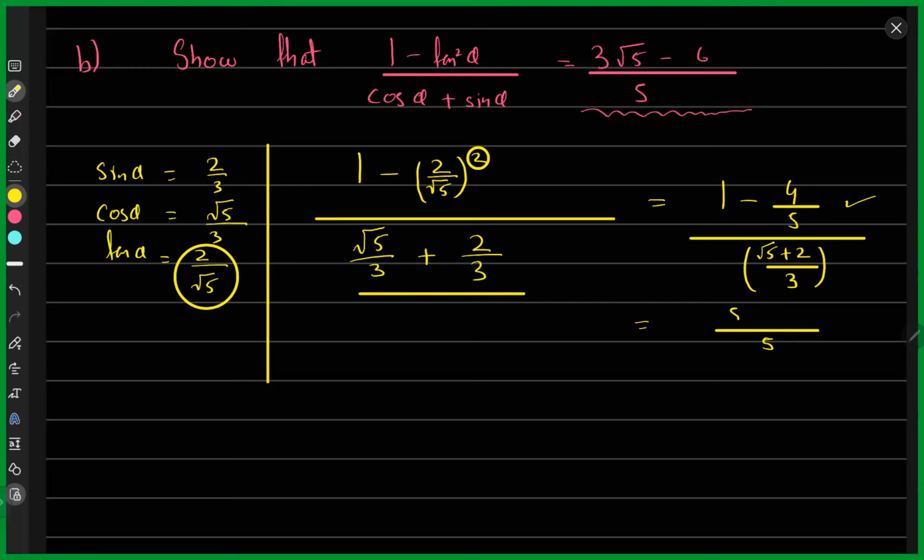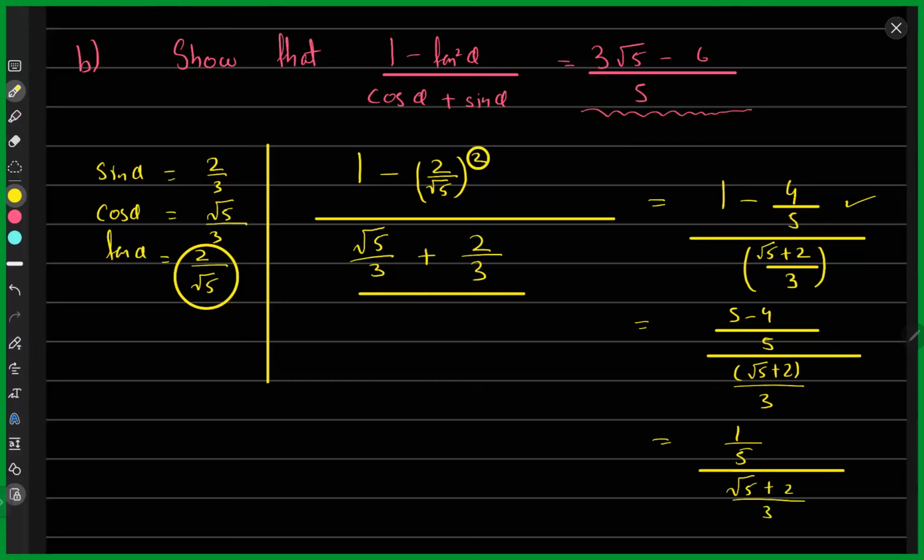This would become 5 minus 4 divided by 5, so this is 1 divided by 5. And this is going to be √5 plus 2 divided by 3.